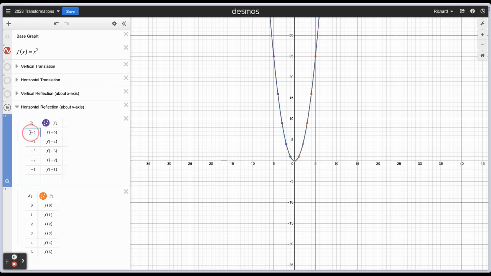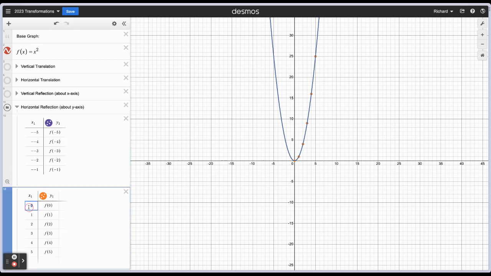Let's see what happens. So -5 becomes 5, and we know what that is, don't we? Minus minus is just a positive. 4 becomes -4, 3 becomes -3, 2, 1. 0 is just 0. 1 becomes -1. 2 becomes -2. 3 becomes -3.